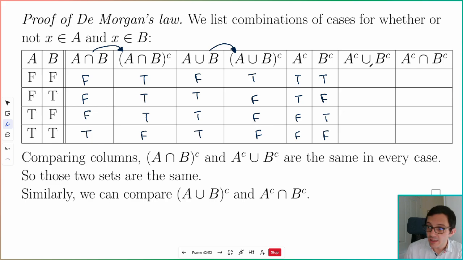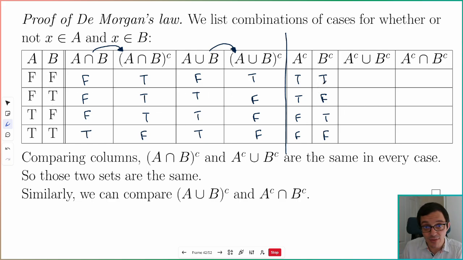And then over here, I've got things which look at the union of some complements. So now it's a bit like starting a new truth table to the right of this line, where I have A complement and B complement, and those are the things I'm working with.